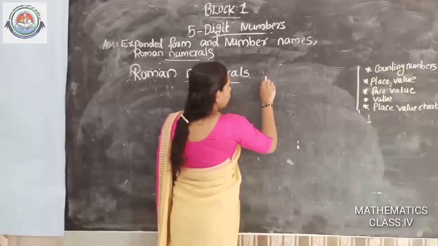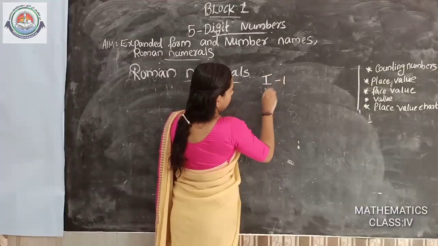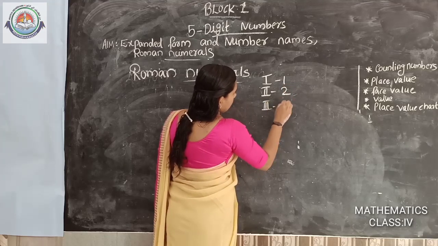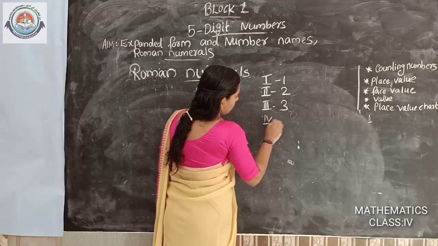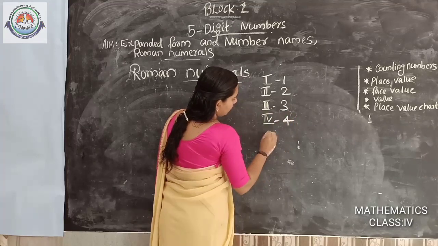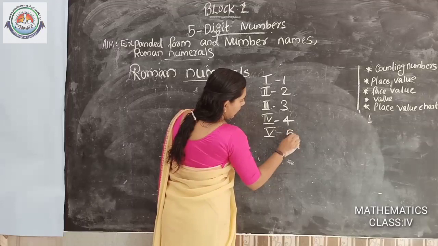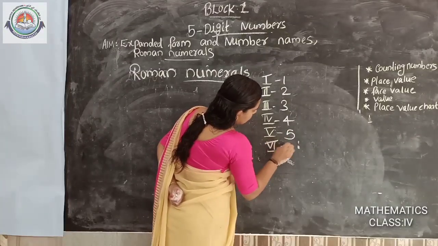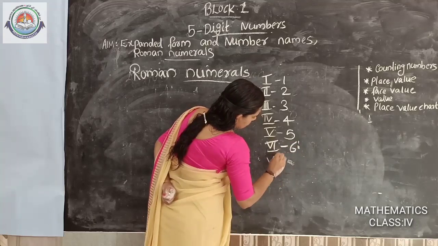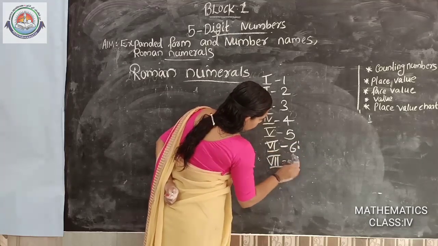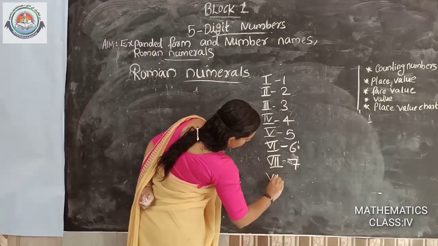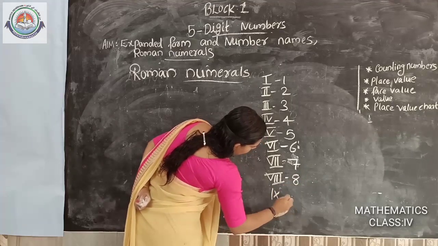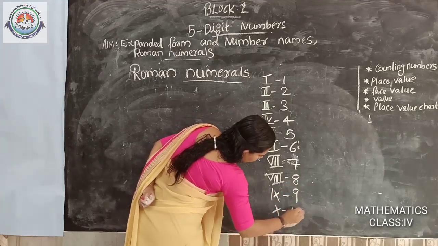First we are writing 1 is 1, 2, 3, 4, 5, 6, 7, 8, 9, 10.